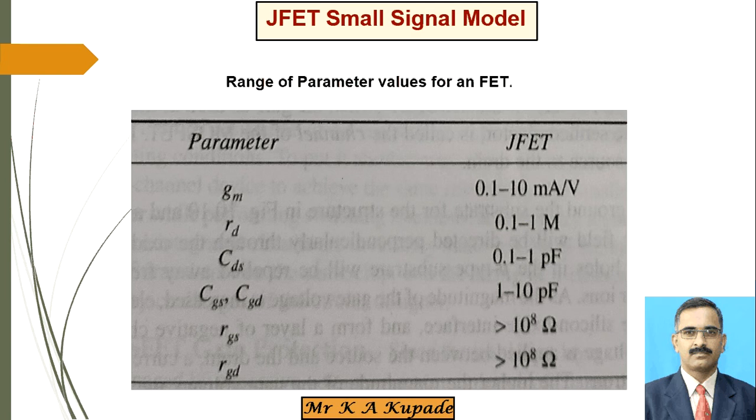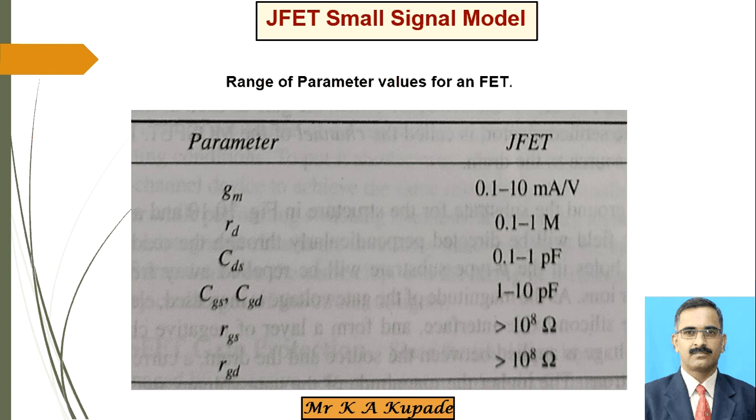Resistance rd is 0.1 to 1 megaohm, CDS is 0.1 to 1 picofarad, and CGS and CGD, the gate-to-source and gate-to-drain capacitances, vary from 1 to 10 picofarad. Both are in picofarads. RGS, the gate-to-source resistance, is greater than 10 raised to 8 ohm, and RGD is also greater than 10 raised to 8 ohm. These are the parameters considered.